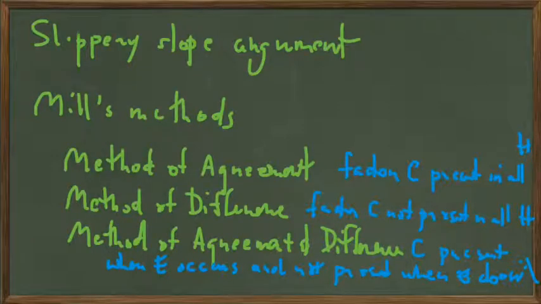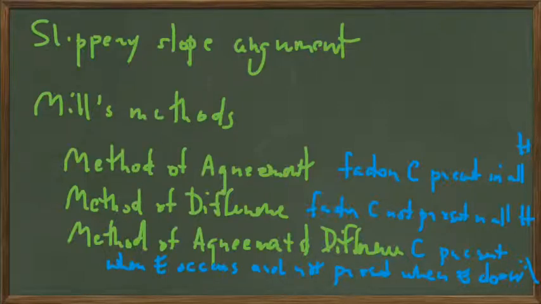So let's look at Mill's methods from the philosopher John Stuart Mill in the 1800s, who developed methods that are still used today. The method of agreement: if factor C is present in all occurrences of H, it makes it a more likely cause of H, not necessarily the cause of H, but a likely one.